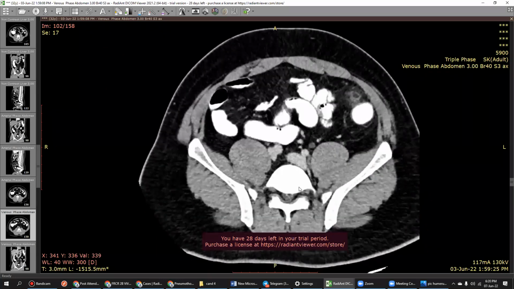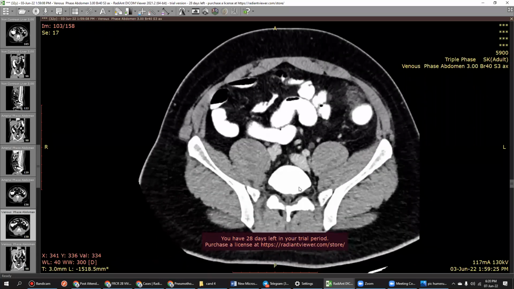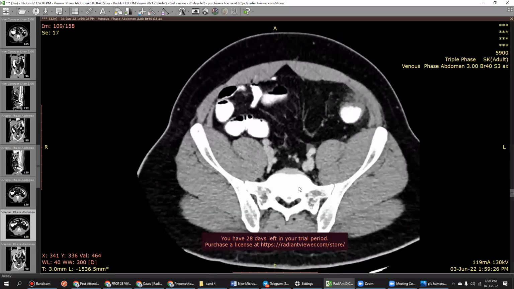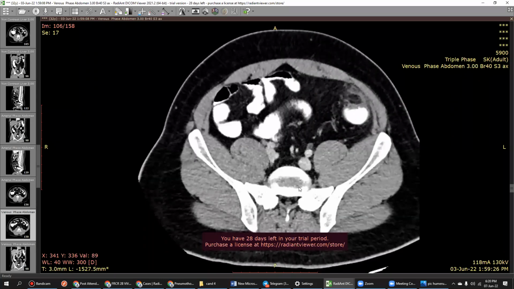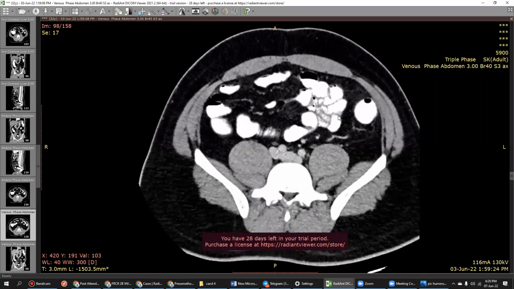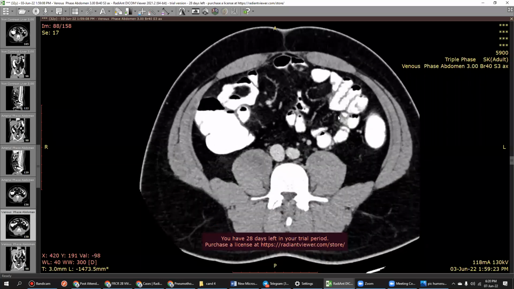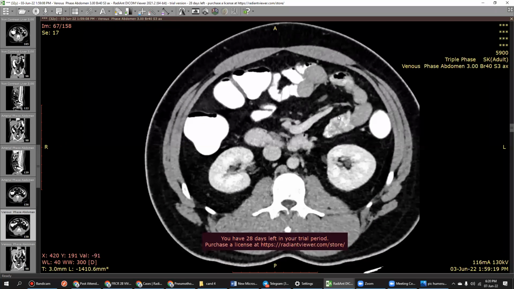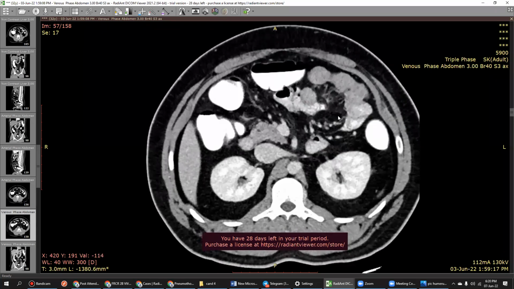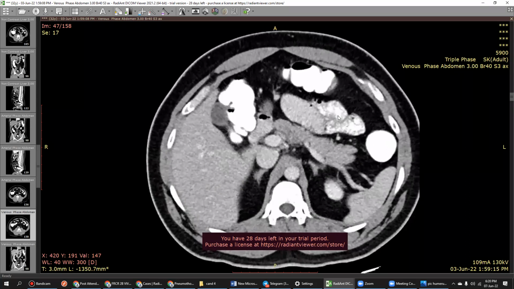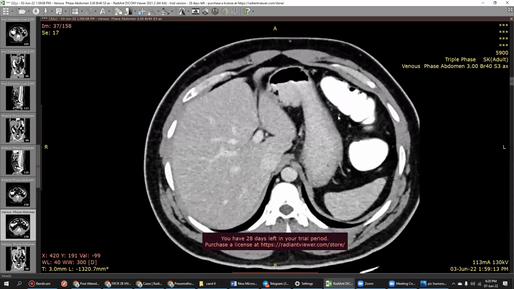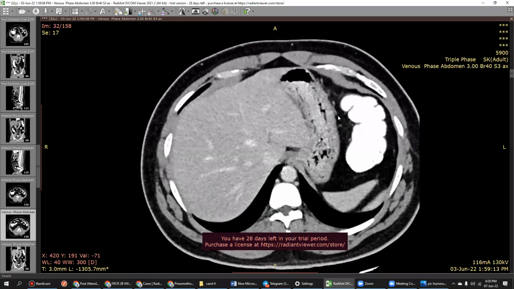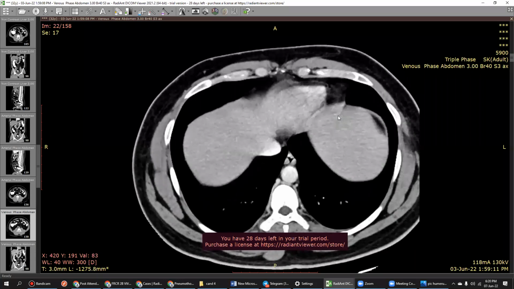There is an area of fat stranding noted within the left iliac fossa with fat density noted inside at this region. This is going with a local inflammatory process at this region. I will examine the rest of the exam to see if there is associated pathology or if it is the only one.